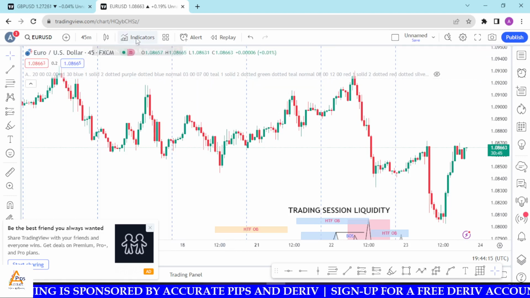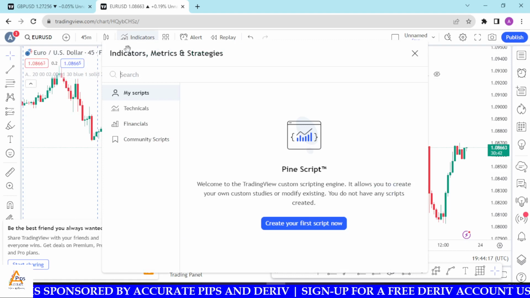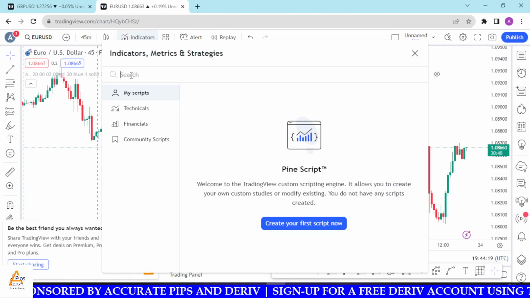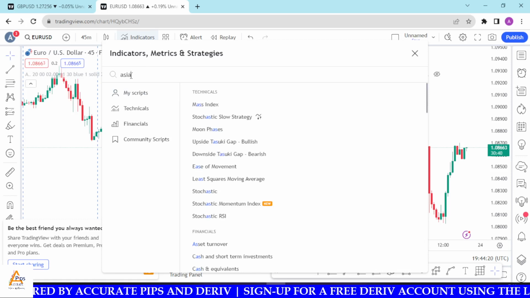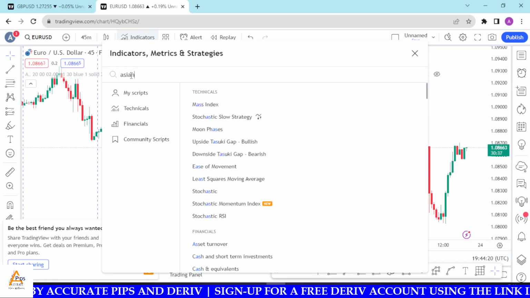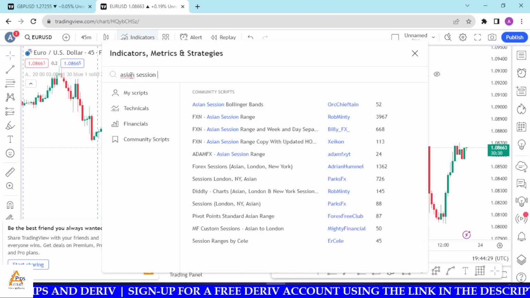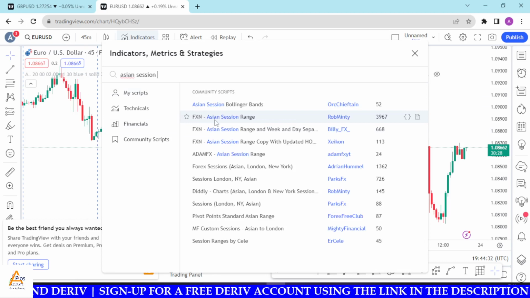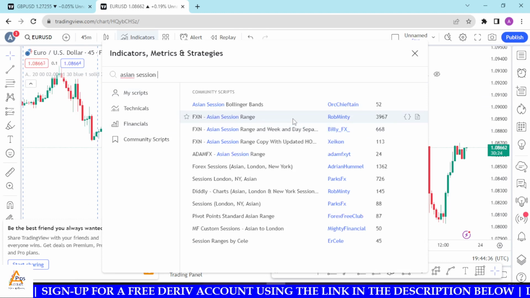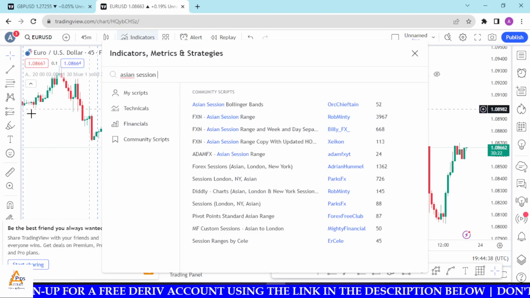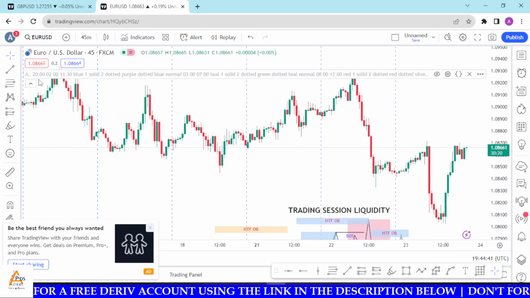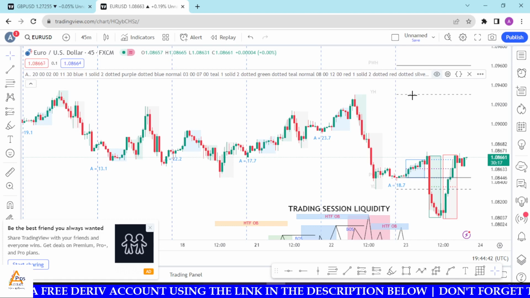Those of you using TradingView, when you come to the indicators here, you tap and type Asian session range. This particular one with the 3967 usage, you click on it. Once you click on it, it will appear on your chart like this.